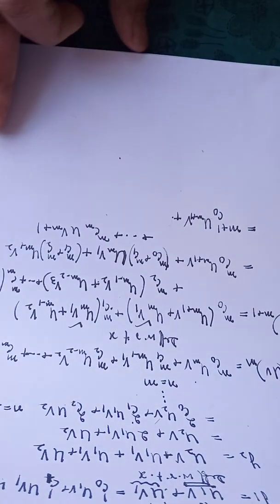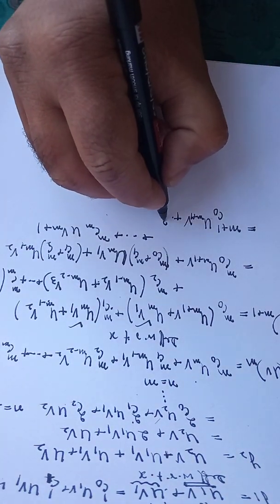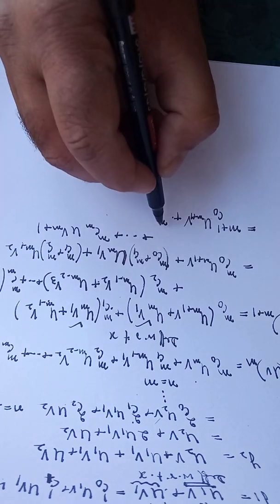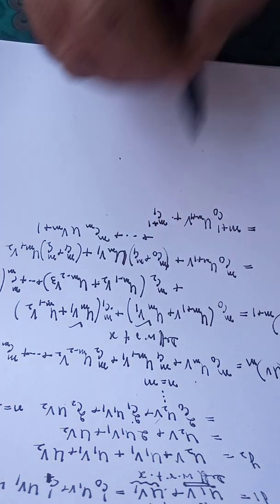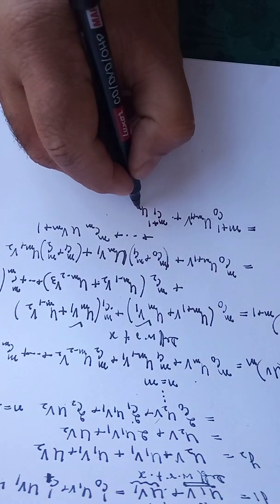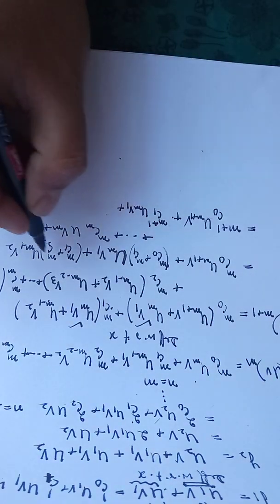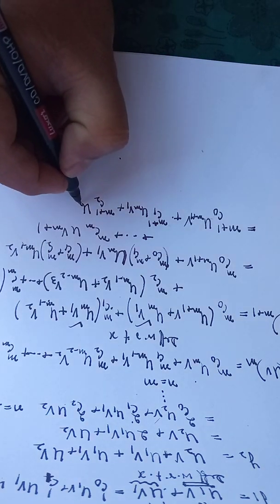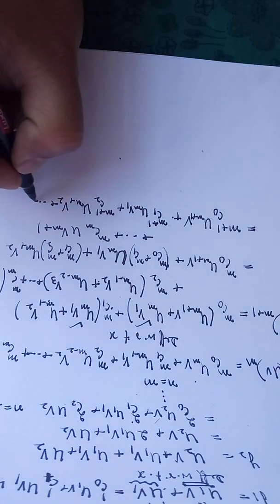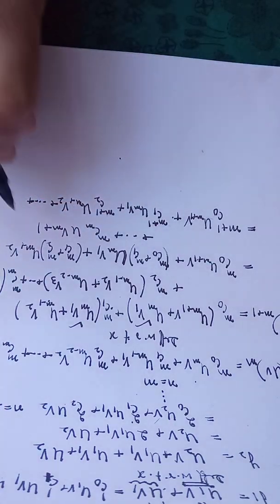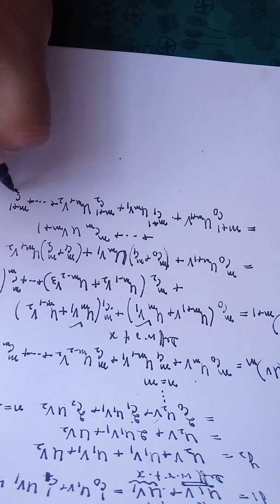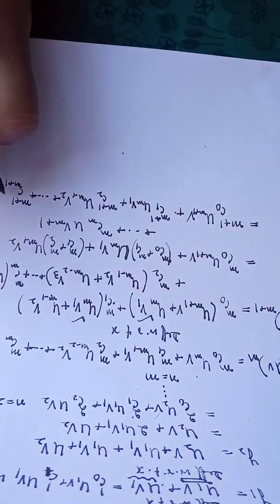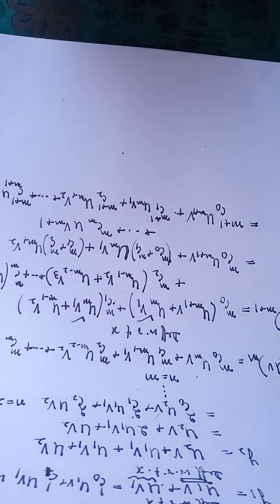So mC0 + mC1 is (m+1)C1 um v1. mC1 + mC2 is (m+1)C2 u(m-1) v2, and so on. mCm is 1, so (m+1)C(m+1) is also 1, so I will replace mCm by (m+1)C(m+1) u v(m+1).